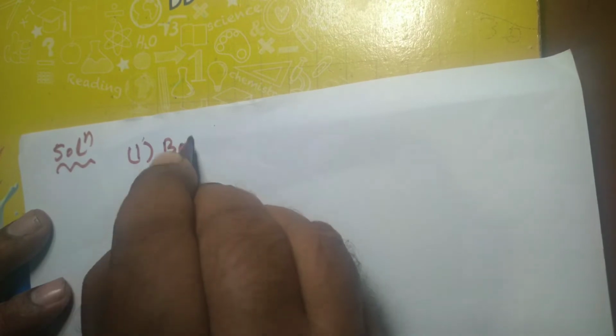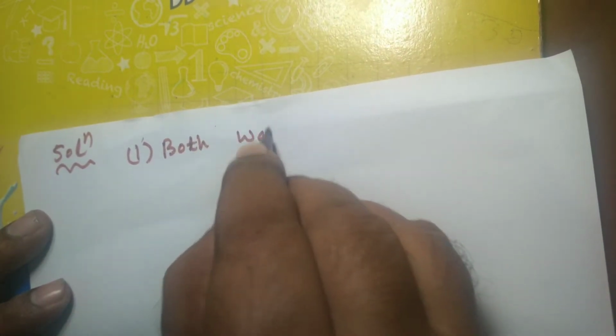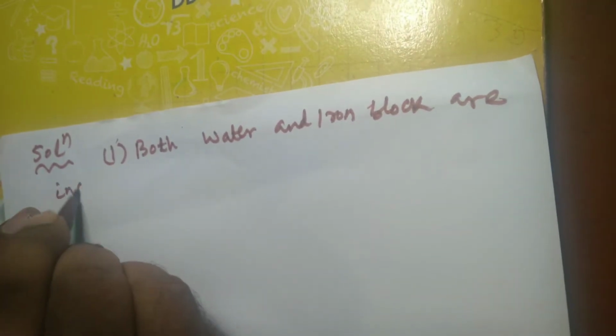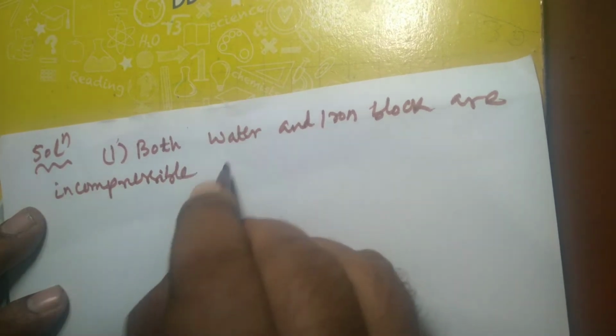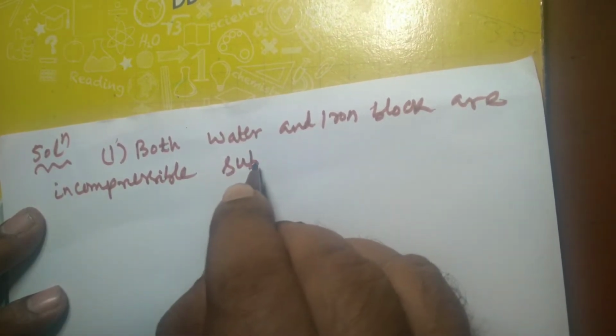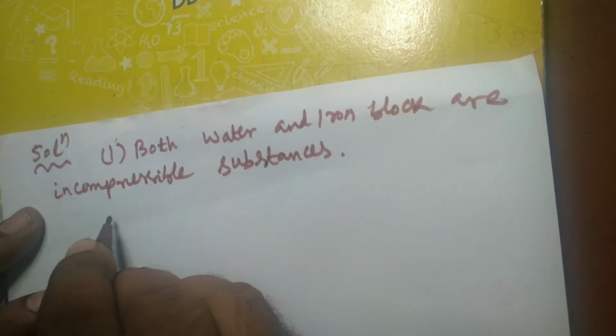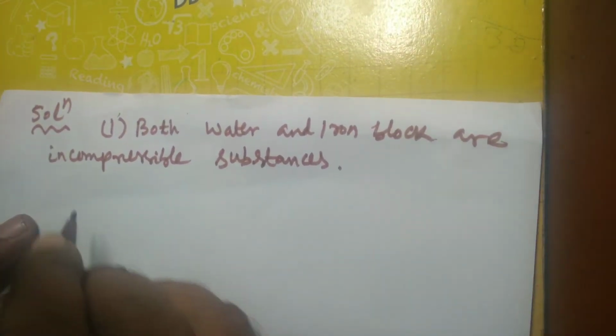To solve this question, first we have to make certain assumptions. The first assumption is that both water and iron block are incompressible substances. Incompressible means their volumes don't change with change in pressure or temperature.